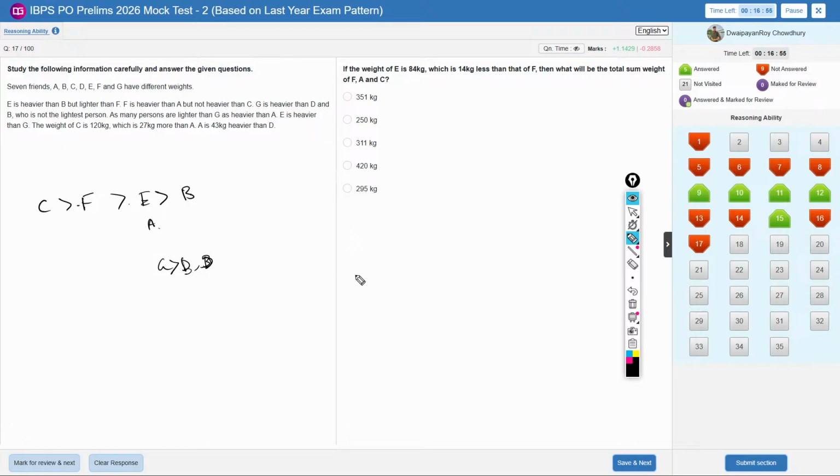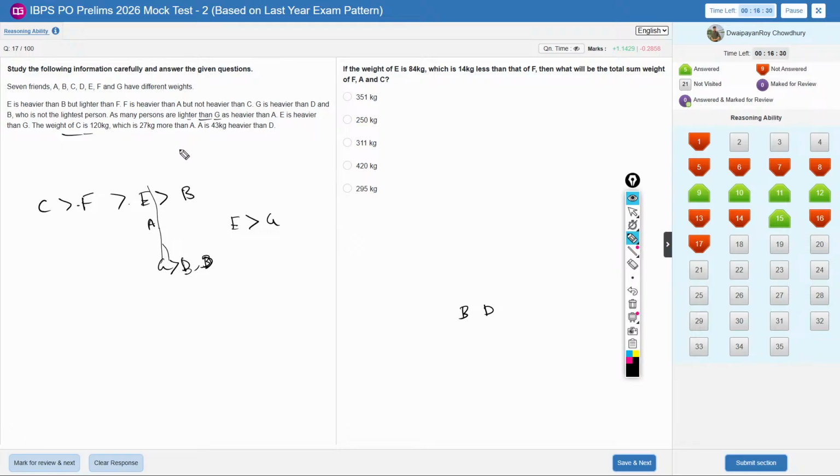Okay. So B. As many persons lighter than G as heavier than A. E is heavier than G.